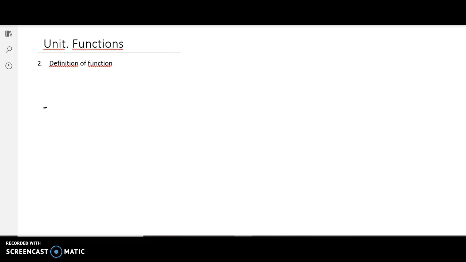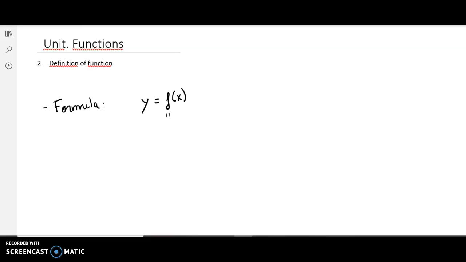The first way is as a formula. A formula has 2 different parts. The left side of the formula that we can represent in functions as the letter y, or also with the letter f of x.